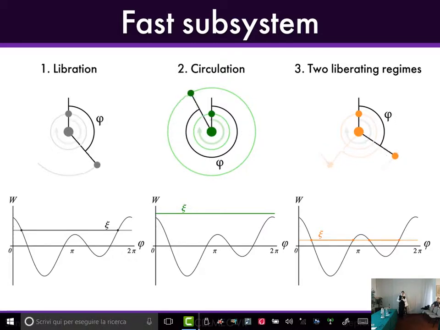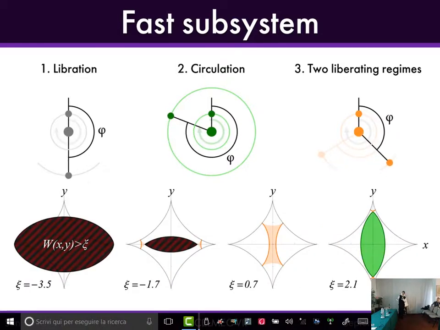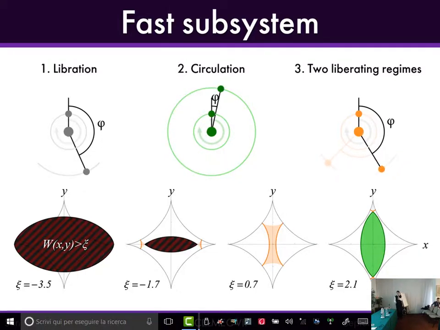Thus, because slow variables x and y are just the parameters of this problem, we can separate the phase space of x and y into regions corresponding to different solutions of the fast subsystem. And here are some examples of these regions for different levels of Hamiltonian.